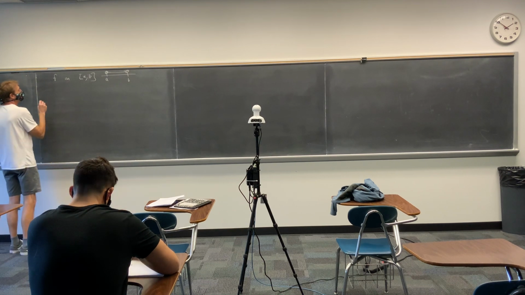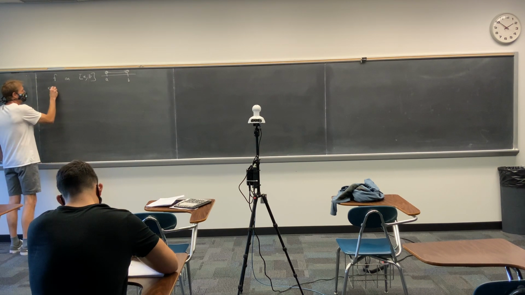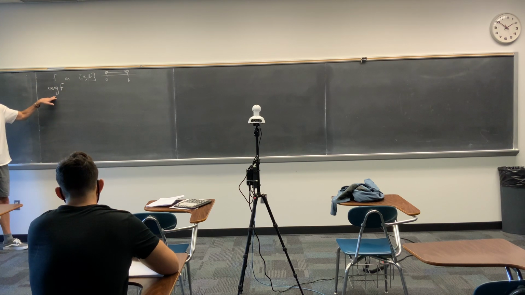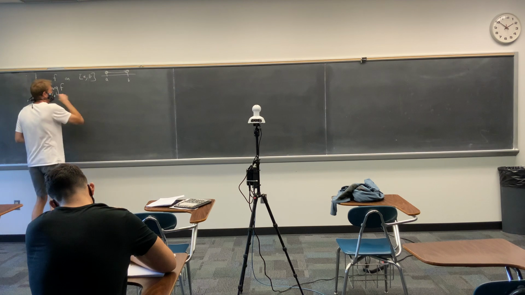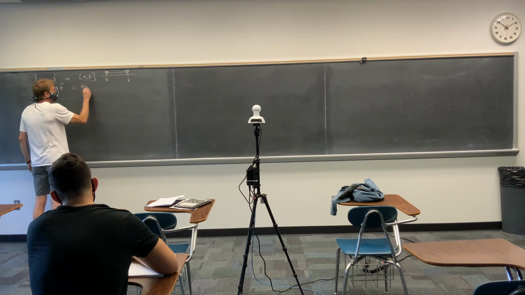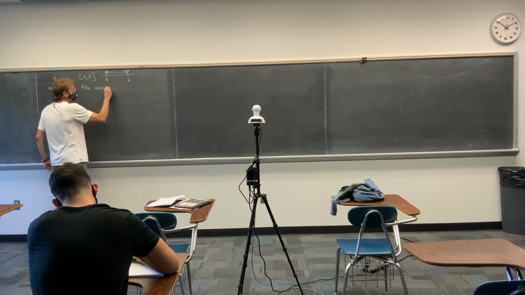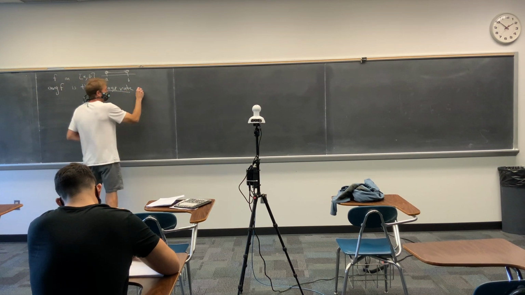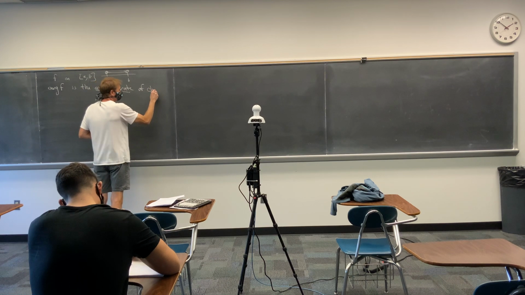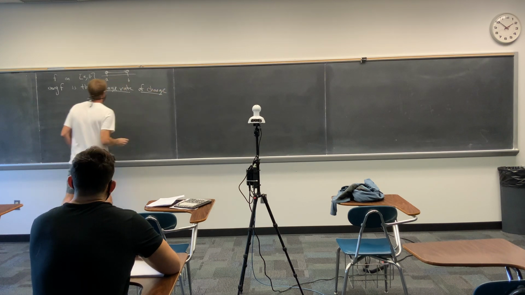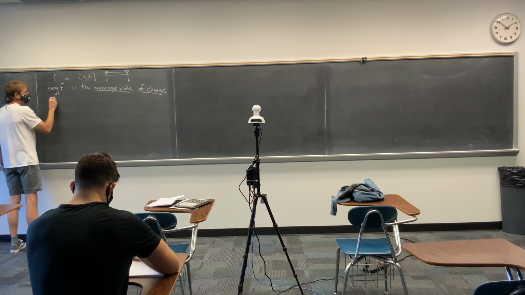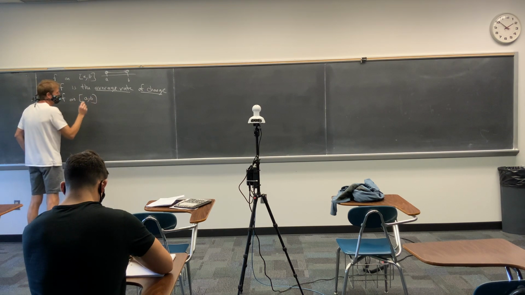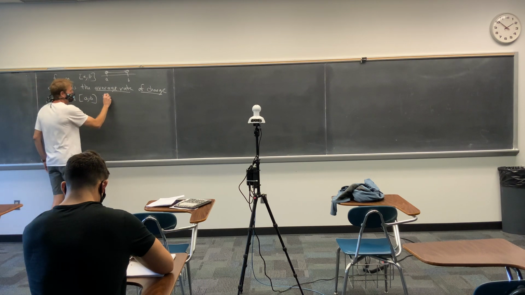We say this is a number, called the average of f. The average of f is the average rate of change of f on the closed interval [a, b].